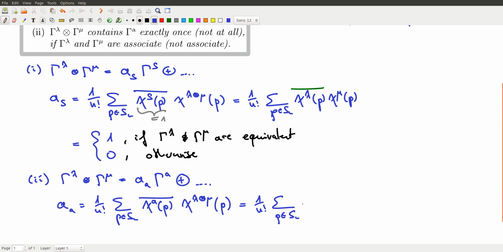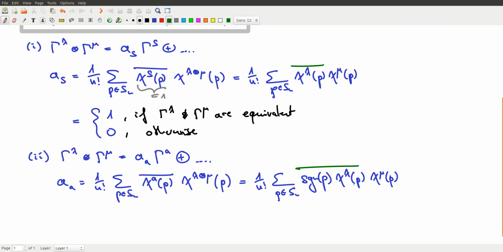So we sum over all group elements, and we have the sign of the representation here. Complex conjugation doesn't matter, this is also real. And here we have chi lambda of p times chi mu of p. And if we like, we can write an irrelevant complex conjugation here. Everything is real anyway.